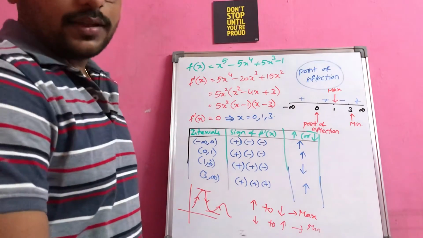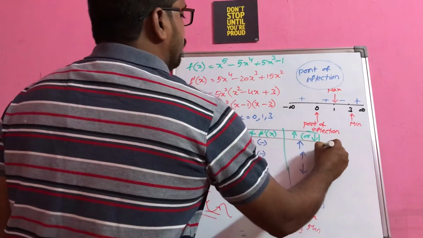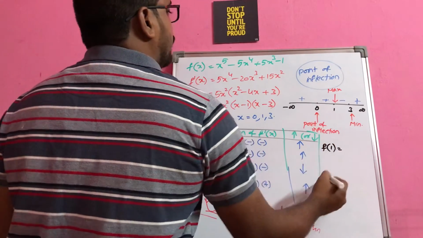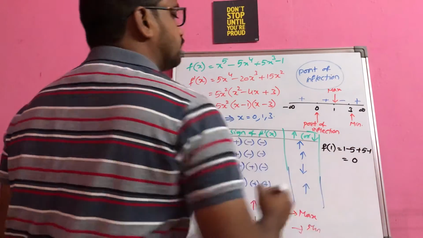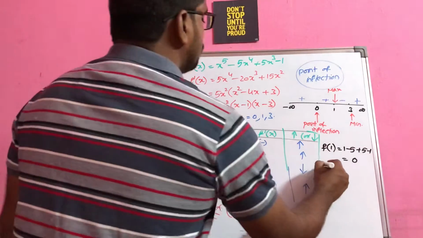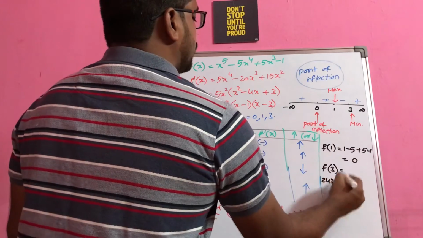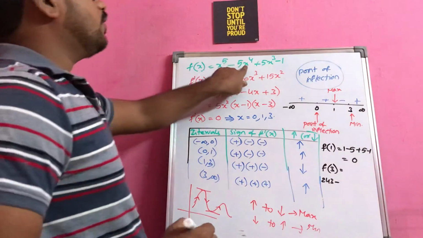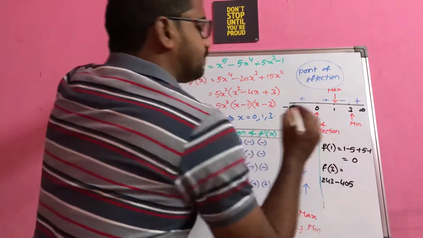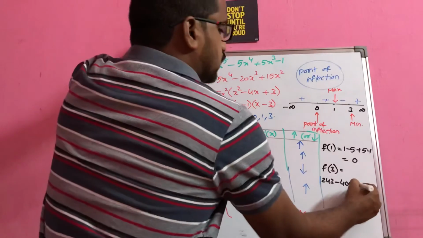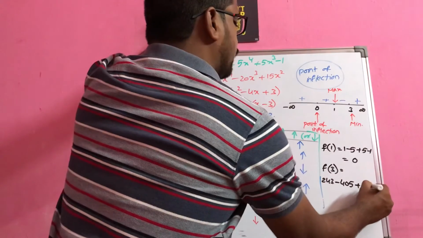Okay, so if in the question they ask you to find the values also, I will find f of 1: I am getting 1 minus 5 plus 5 minus 1, so I am getting 0. This is the maximum value. f of 3: 3 power 5 is 243, minus 81 into 5, that means 81 into 5 becomes 405, then plus 3 cube, 27 into 5, that is 135, and then minus 1.